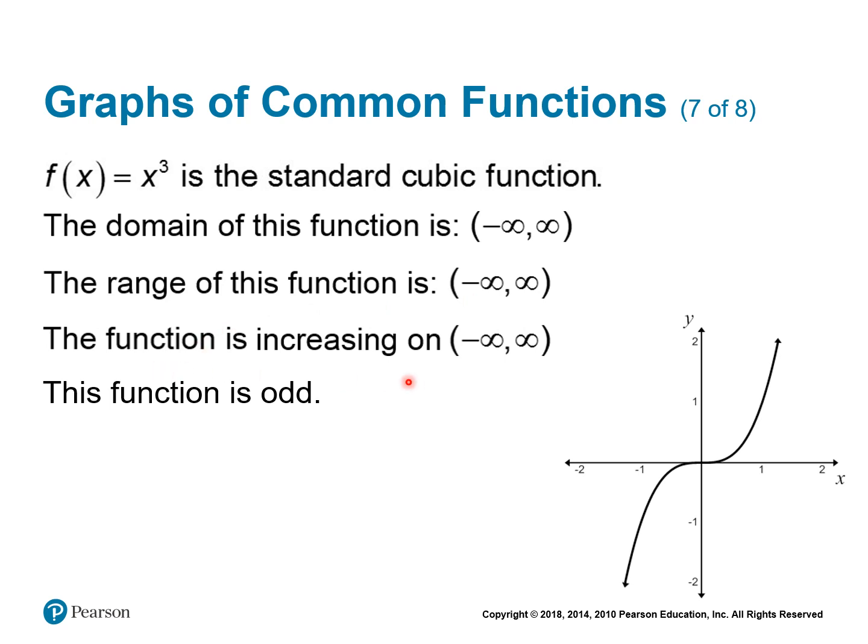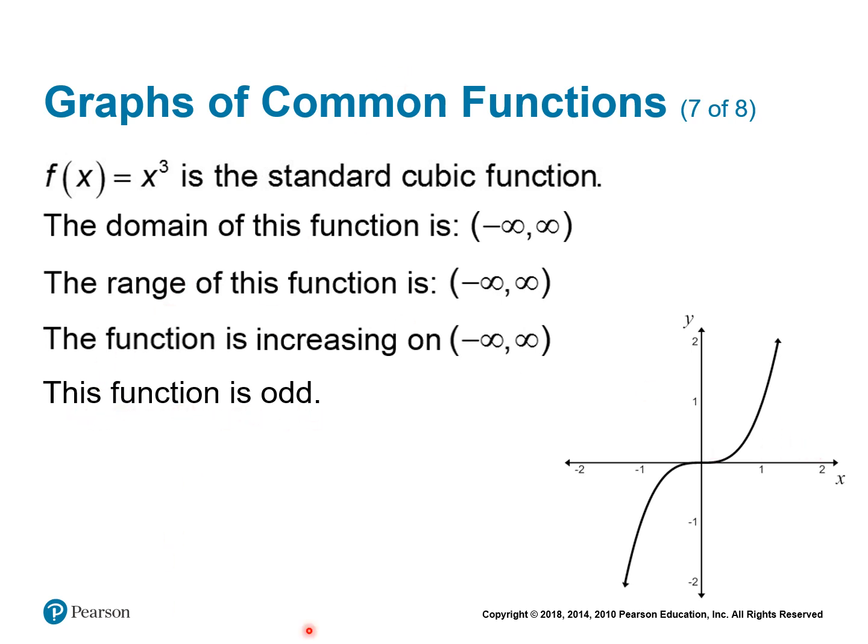The function is increasing all through, so as we move along the x-axis from the negative side towards the positive side, the y values get larger and larger. It does slow down towards the center, and then it rises steeply again as x increases. And this function is odd.